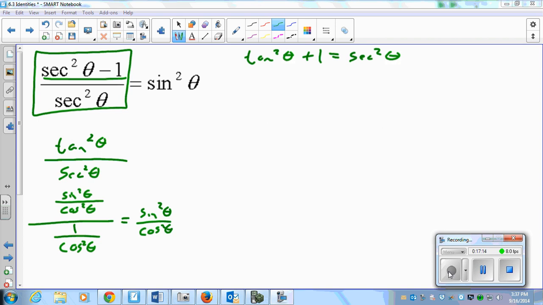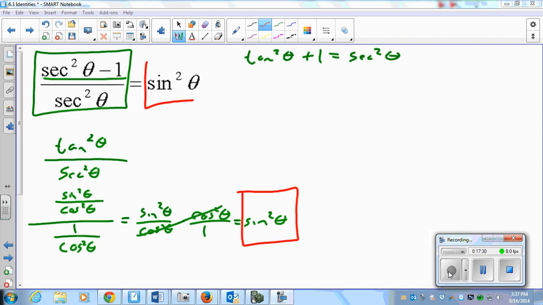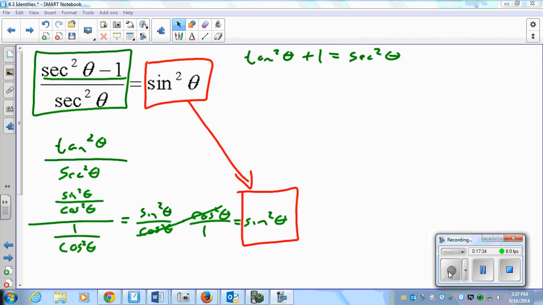Dividing by something is the same thing as multiplying by its reciprocal. So as I multiply by its reciprocal, the cosine squareds will cancel out, and I have that it's equal to sine squared theta. Box it, establishing my identity of that equality.